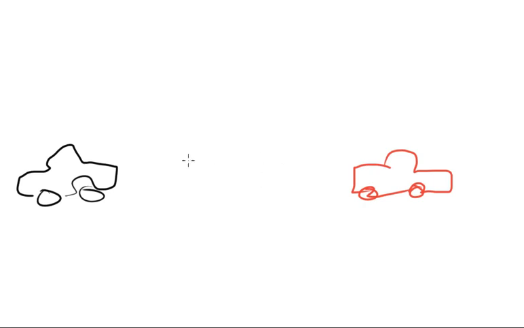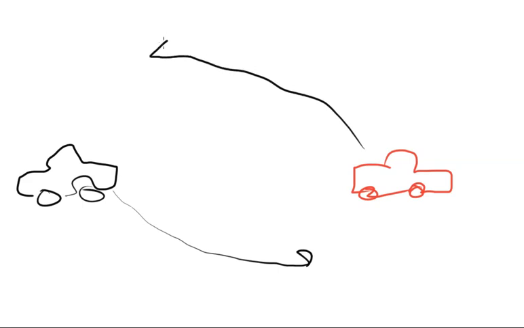Certain things are required in order for an accident between these two cars to exist. For example, if this car drives that way and this car drives that way, there's no way they can get in an accident with each other. It's impossible. They might get in an accident with some other vehicle or a lamppost, but not with each other.